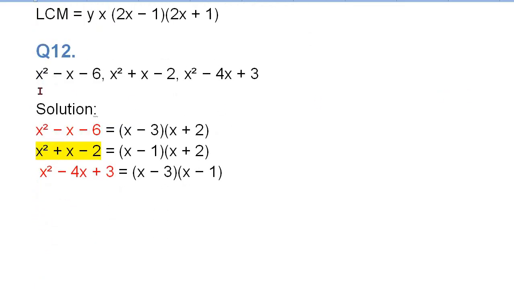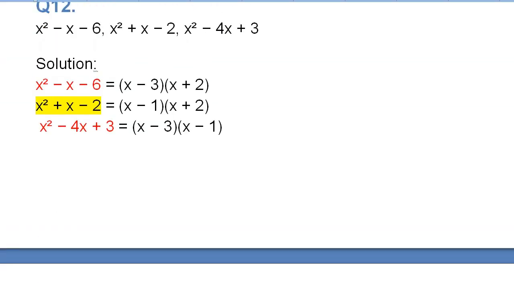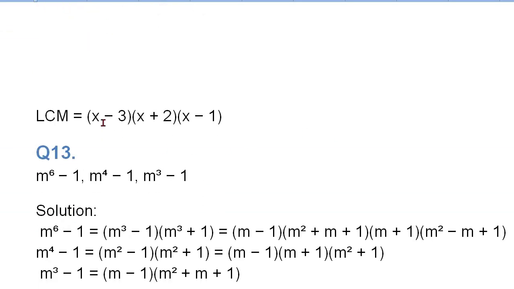Now we have three terms. To factor the middle term, breaking it, your factors will be x minus 3 and x plus 2. Now x square minus x minus 2 gives you x minus 2 and x plus 1, and x square minus 4 will give you this. Now LCM will be: there is a common x minus 3 in two, and you will take it only one time.